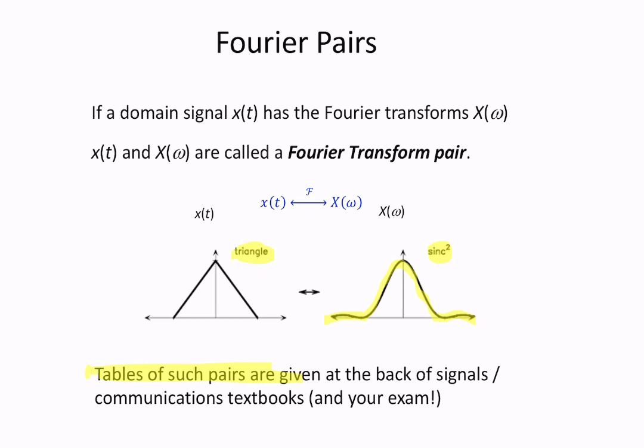If you have a good communications textbook, you'll have a table at the back generally, or in the appendix or somewhere, giving you these pairs. And in any exam I will give you the pairs that you need.